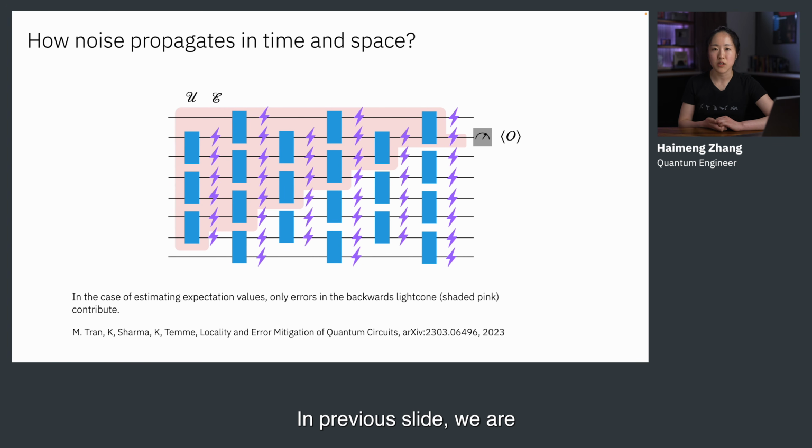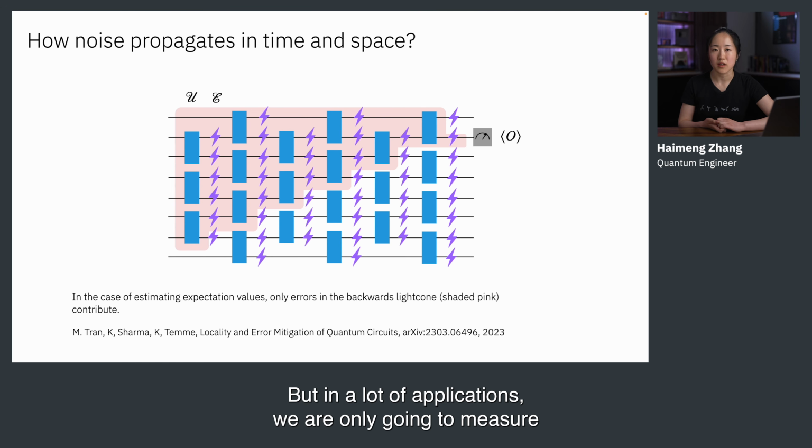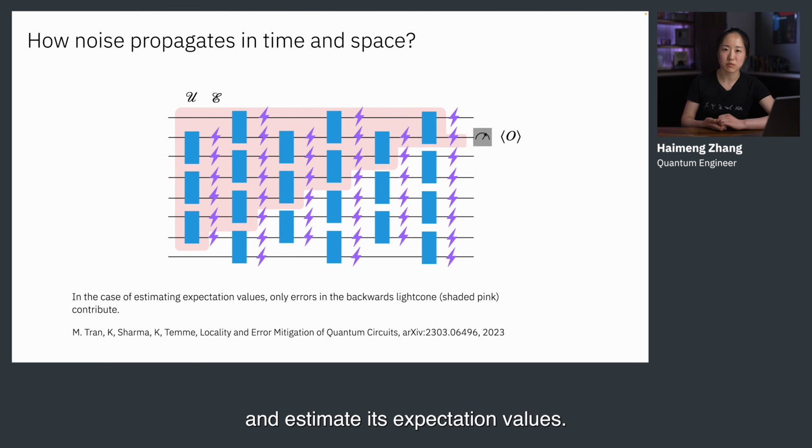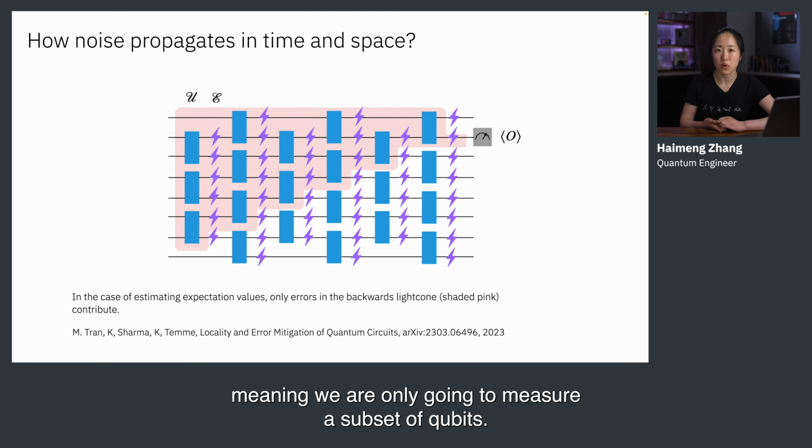In the previous slide, we were interested in the output state of a noisy quantum circuit. But in a lot of applications, we are only going to measure some observable and estimate its expectation values. Suppose the observables we are interested in are local, meaning we are only going to measure a subset of qubits.